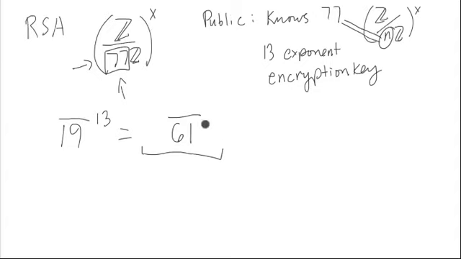Now, how are we going to decrypt this? Well, in order to decrypt this, we would need to know some information. We would need to know a decryption key. The decryption key should be private. The public should not know that or be able to find it out.